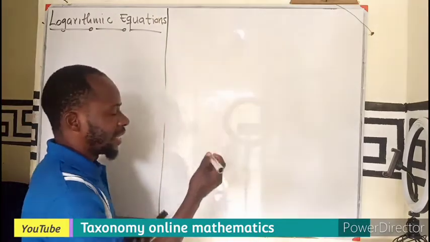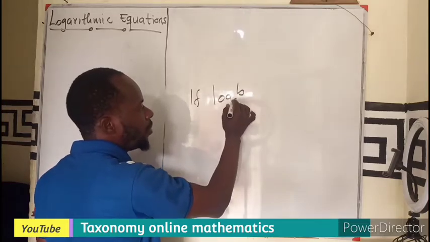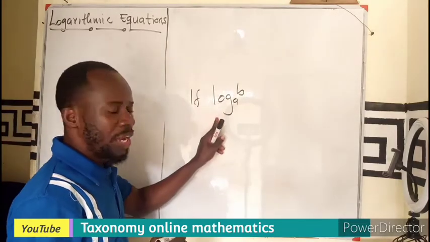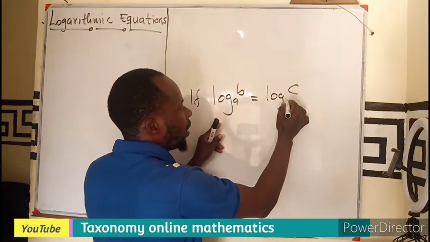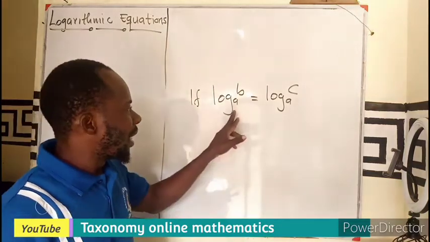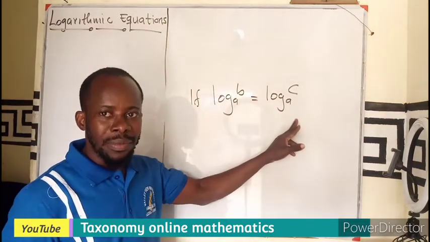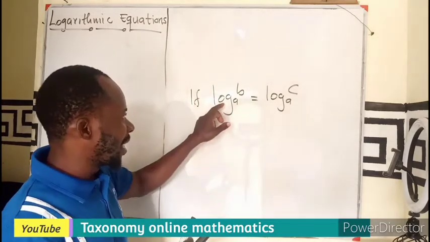So if I have log b base a in the first part, then log c base a, you have to make sure the bases are the same. If the bases are the same, after I finish simplifying, I can say this is a single logarithm.